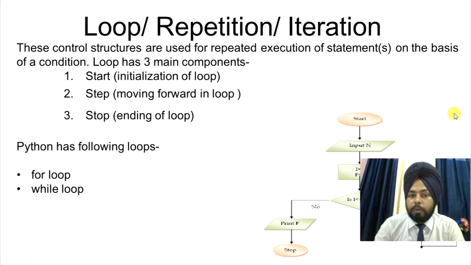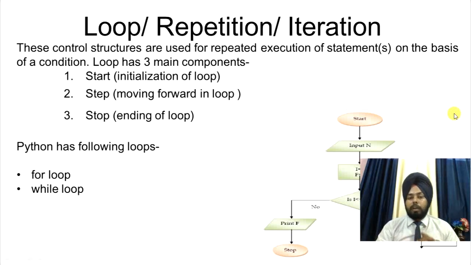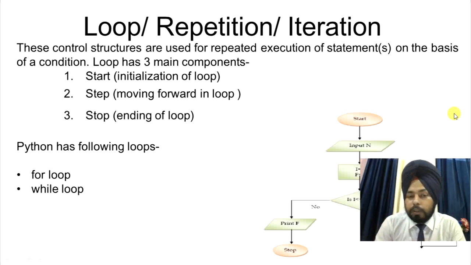Control structures are used for repeated execution of statements on the basis of a condition, and we can say there are three components of a loop. The first component is start the loop, then it will follow the steps, and after following the steps it will stop.